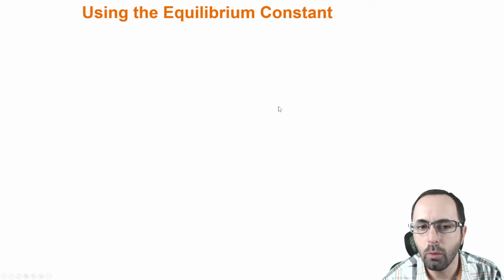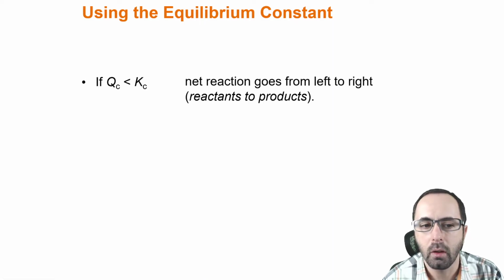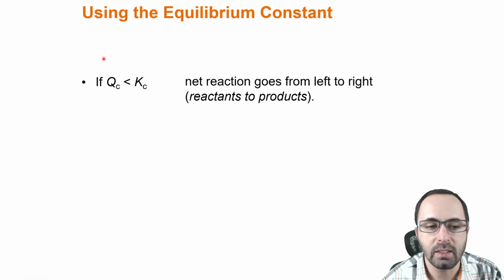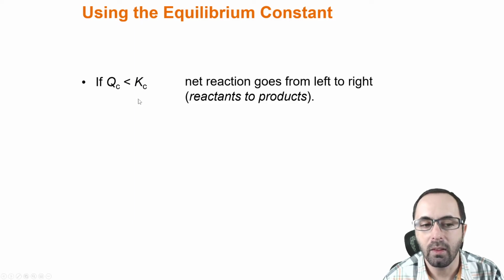So how might we use an equilibrium constant, or a reaction quotient in comparison to the equilibrium constant? Well, just to summarize what we said in the last slide: if Q is less than K, that means there are too many reactants, not enough products.